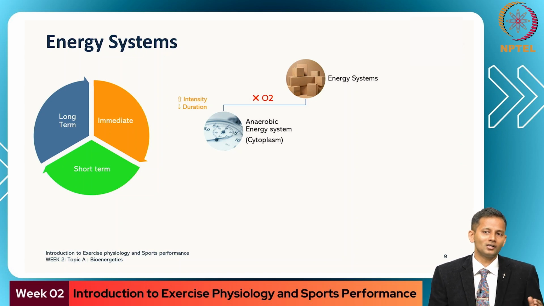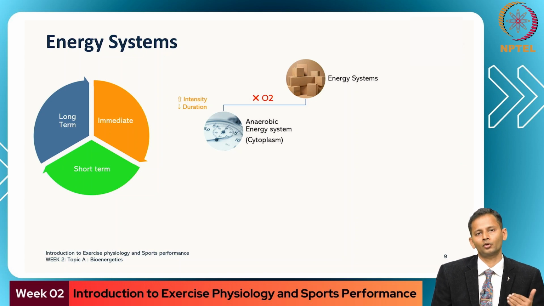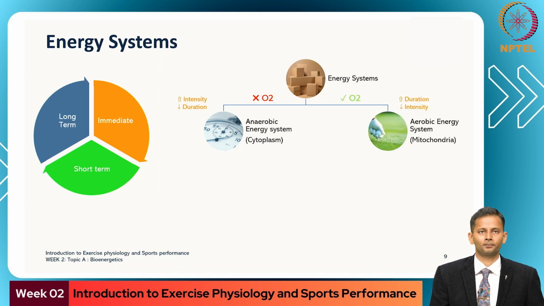So what are the conditions when you use the anaerobic system of production of energy? That is when the intensity is very high and you need energy immediately, and the duration during which you have to perform the activity is very short. Then you use the anaerobic energy system.